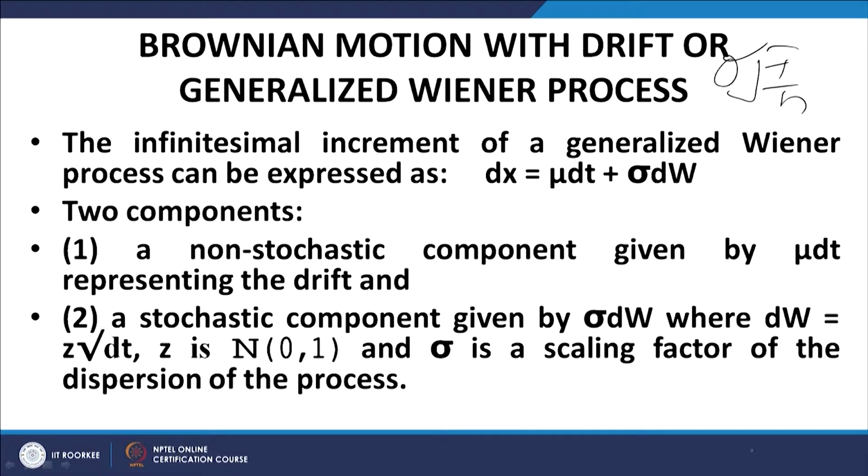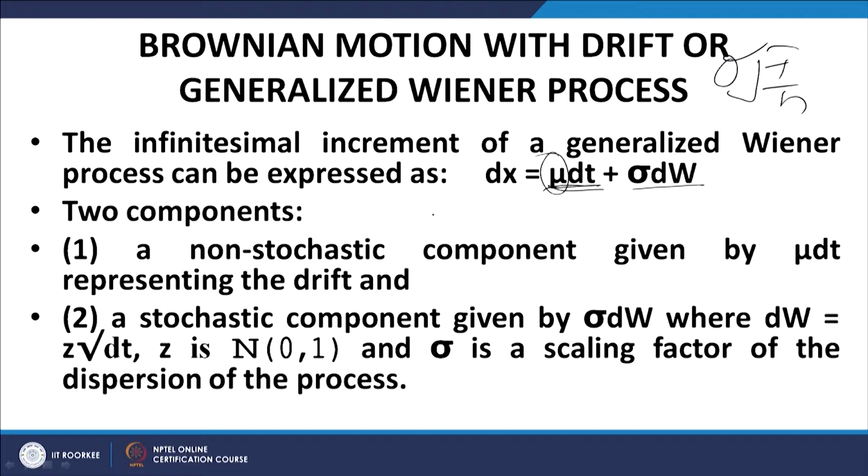Not only that, you can add another non-stochastic term mu dt, where mu is the rate of change per unit time of the variable. So then you have a combination of a non-stochastic term and a stochastic term. The stochastic term is scaled by sigma, and the non-stochastic term has a mean rate of mu, and it is scaled by dt.